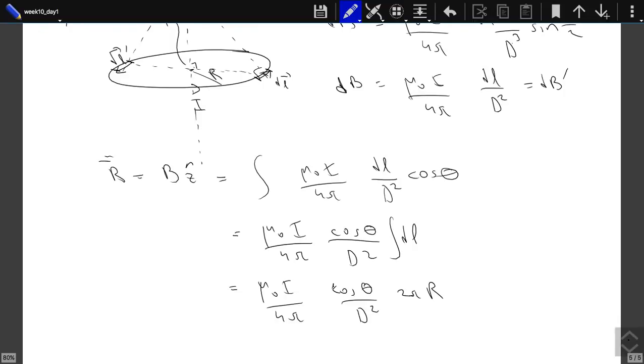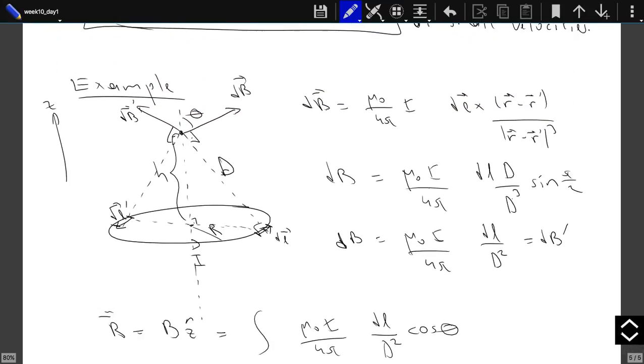Now let's look at cosine theta. You see that angle over here is theta, so this angle over here is 90 minus theta. But that tells me that this angle over here is also theta.